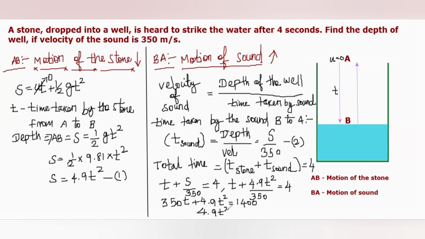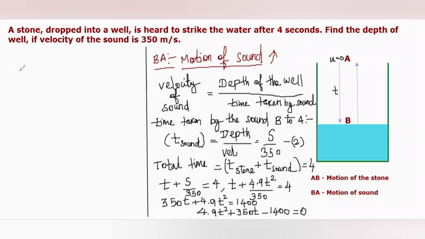By rearranging this equation, 4.9 T square plus 350T minus 1400, that equal to 0. This is in the form of a quadratic equation. Then we have to calculate by using the quadratic equation.